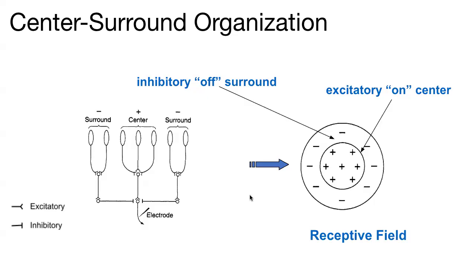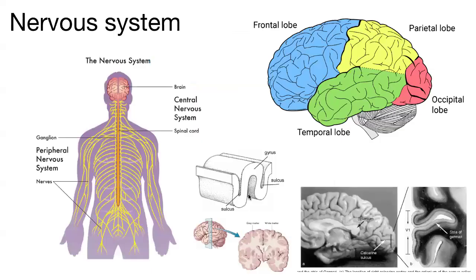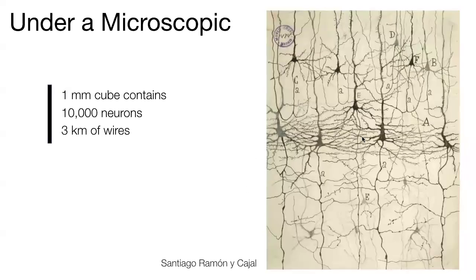What is in the brain? So let's say this is what the brain looks like under a microscope. What do you see here? Nerves, right? There are connections between these units.